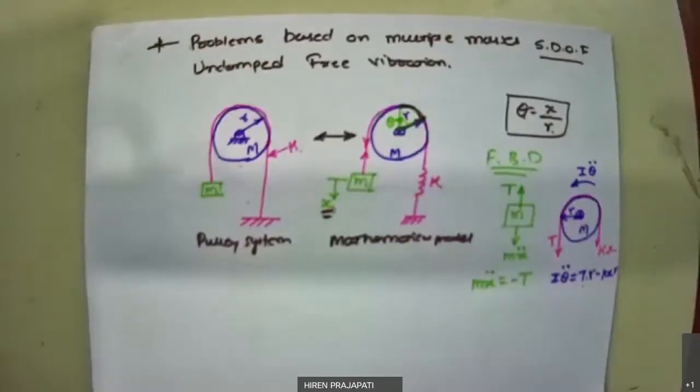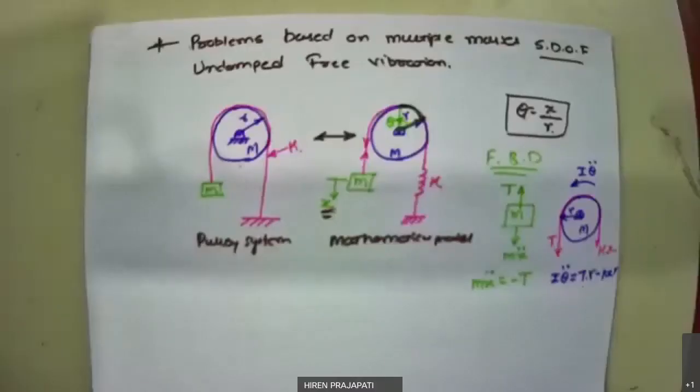Kx on the other side. Yes, because see, this I theta double dot is a torque. Whenever we talk about a rotating system, then force is replaced by torque. It's an analogy, right?